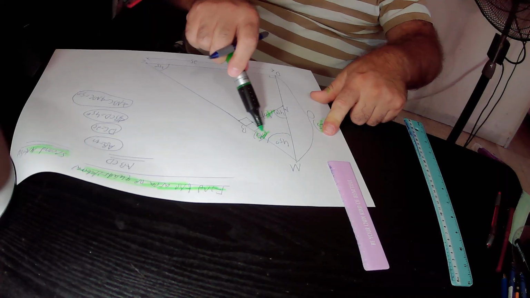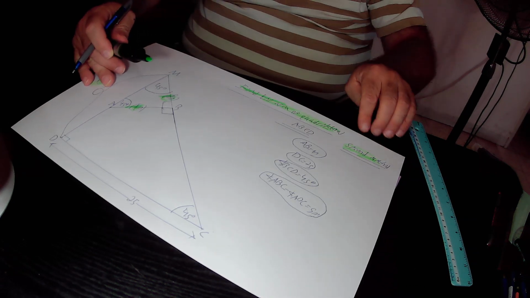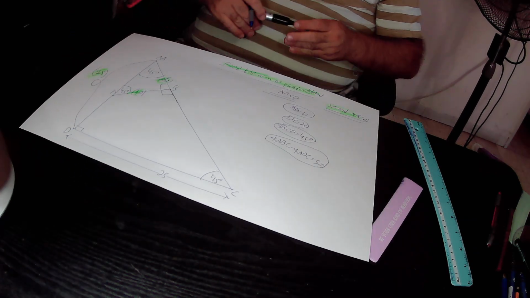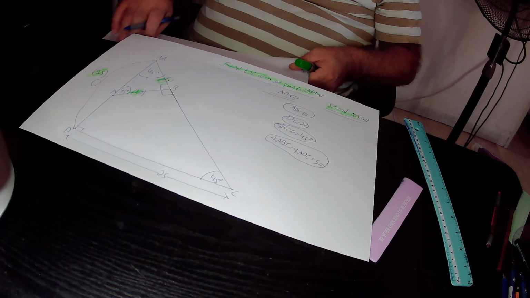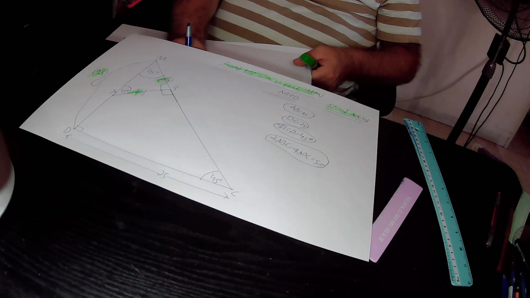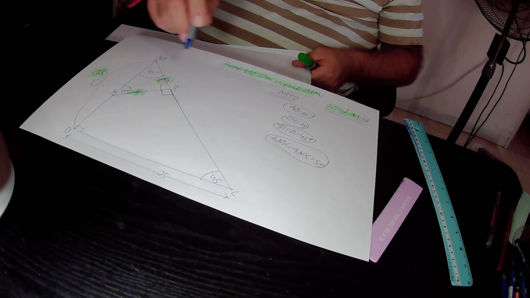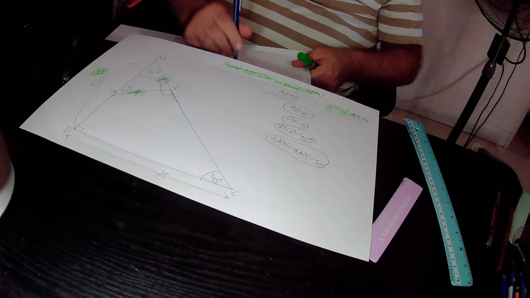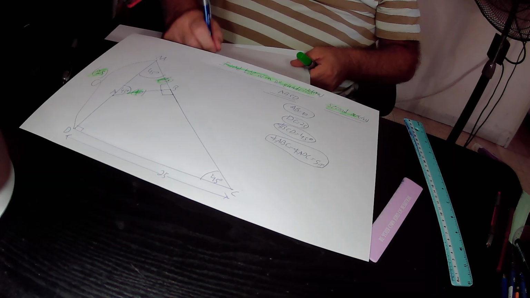So what is the area of quadrilateral ABCD? This is the area that we are looking for. Actually, from the drawing, it is very easy to see that the area of this quadrilateral ABCD is equal to the area of the big right triangle MDC minus the area of this small right triangle MBA.